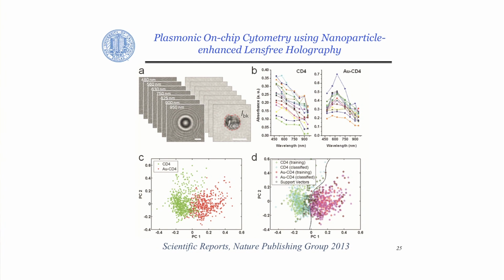So gold labels CD4s, and silver nanoparticles label CD8 lymphocytes, and everything is still shadow imaging, except these nanoparticles scatter differently for different wavelengths, so you can separate them even using these simple holograms. So there are different versions of the same idea of how you can use a lower resolution microscope for cytometry purposes for, in this case, diagnostics.